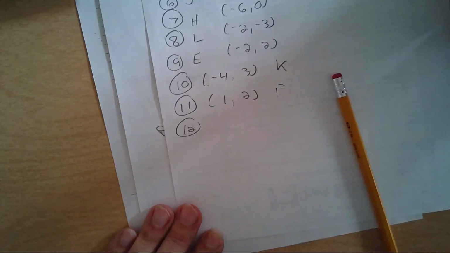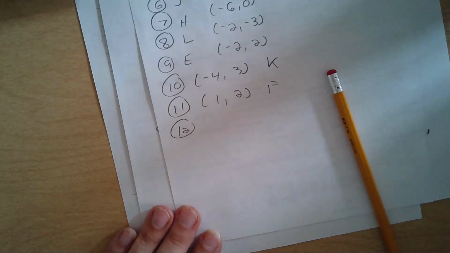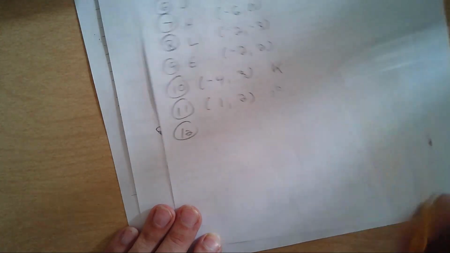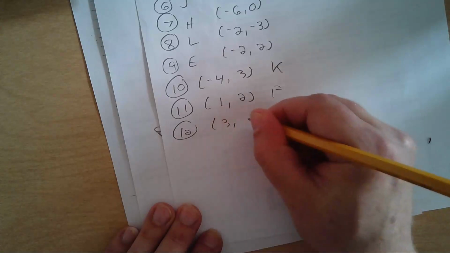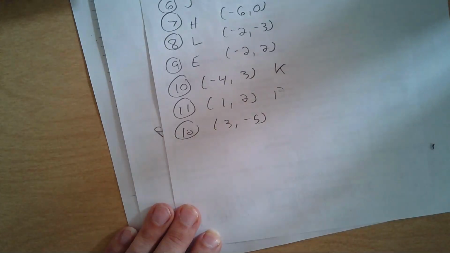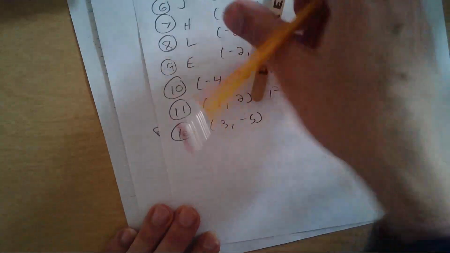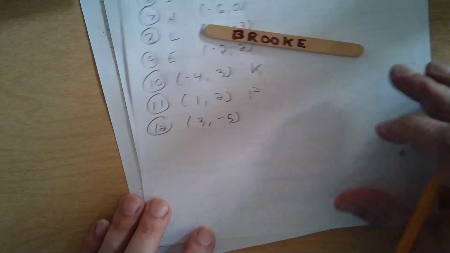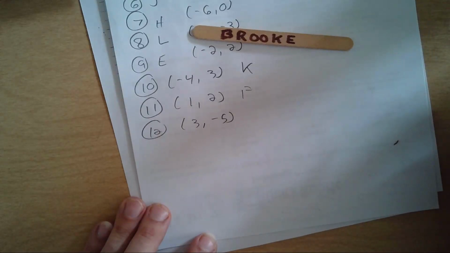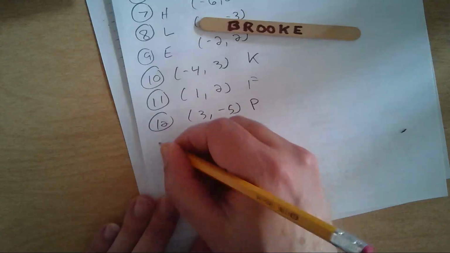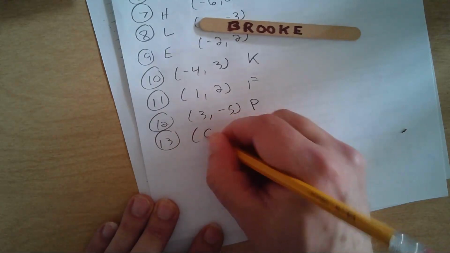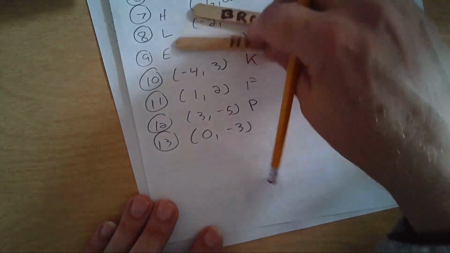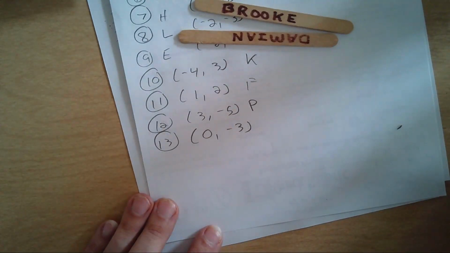1 more round here for everybody. Number 12, what lies at 3, -5? 12 is P. P, right. 13, 0, -3.